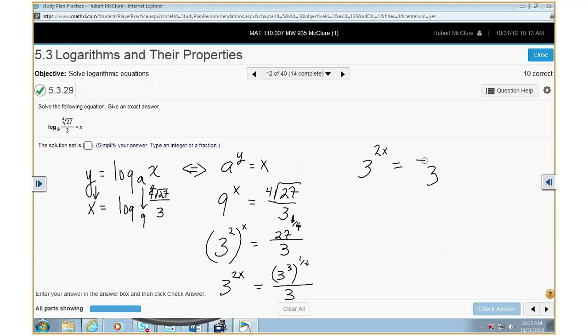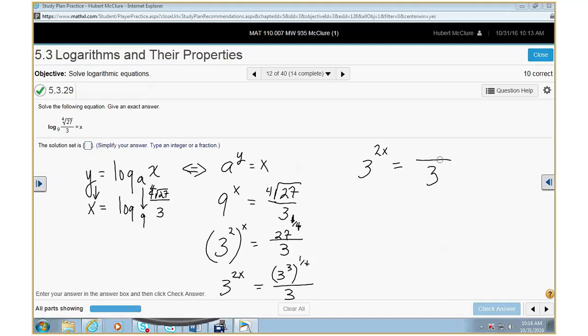What are we going to do to the top? Multiply what? Using what rule of exponents? Power.